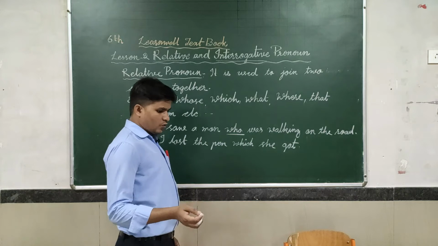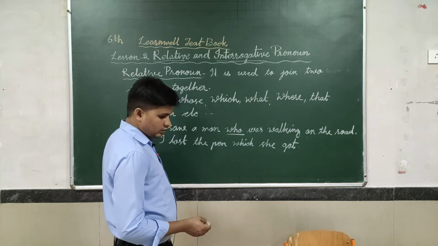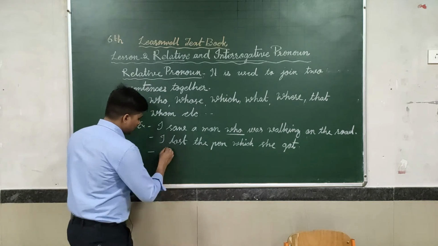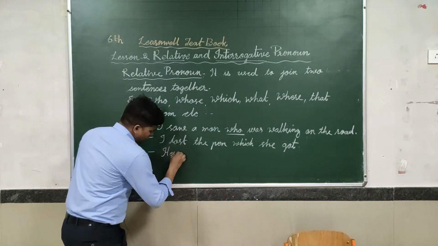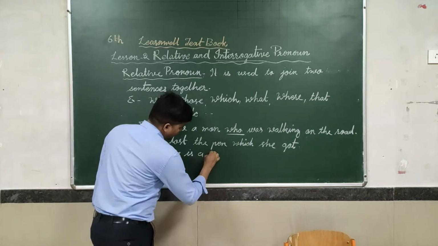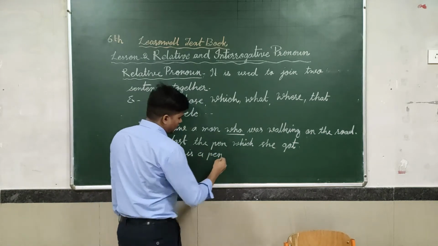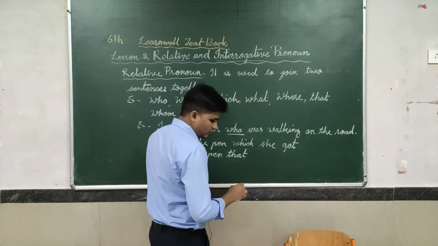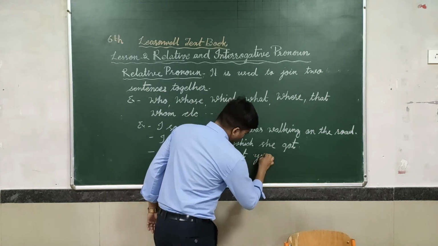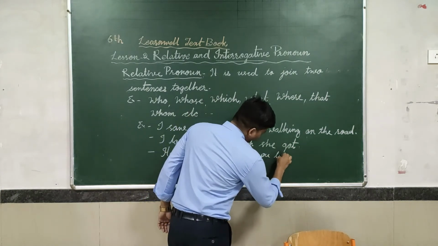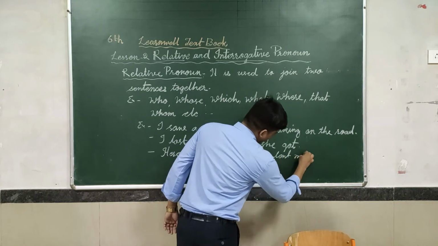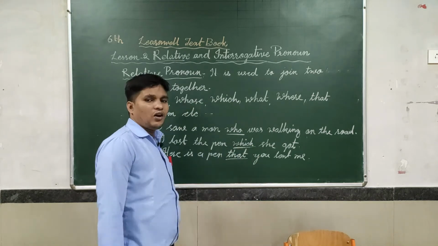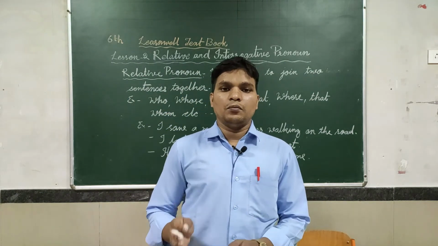Next, anything you can write. Here is a pen that you lent me. So here that, which, all these are known as relative pronouns.